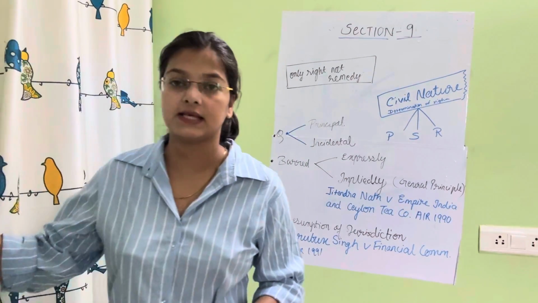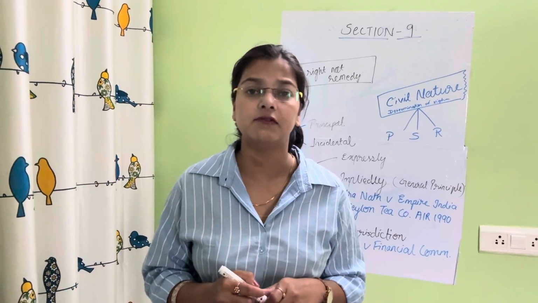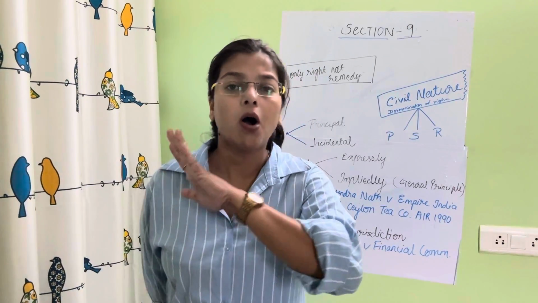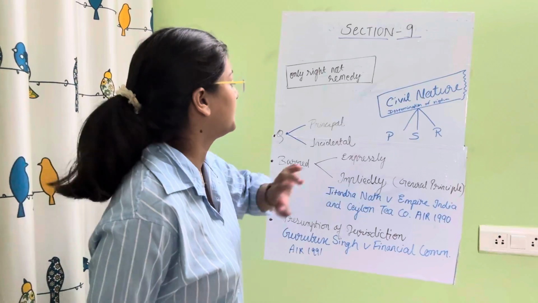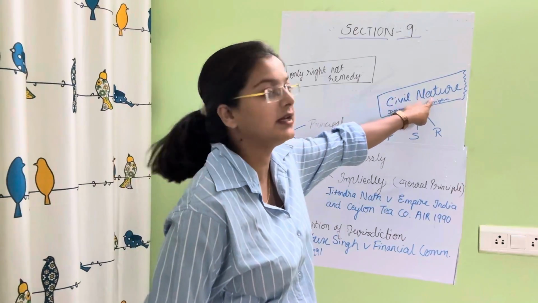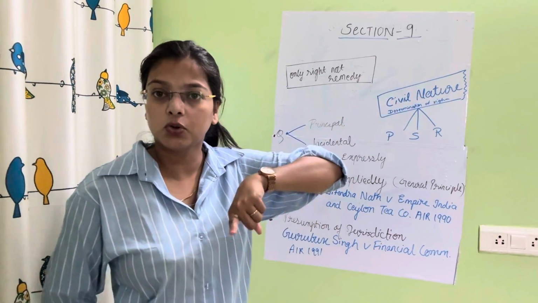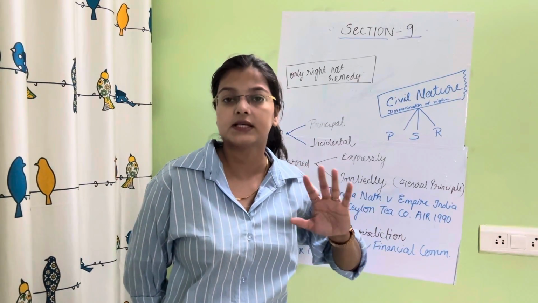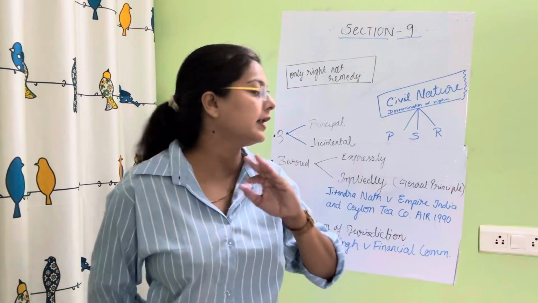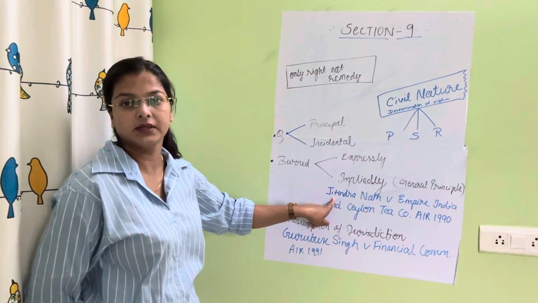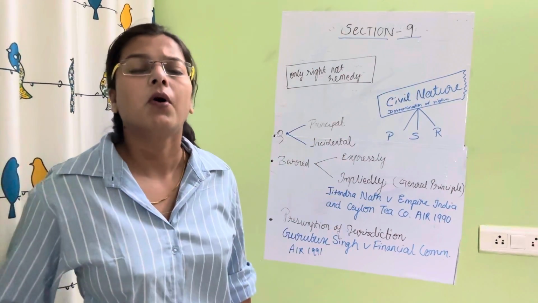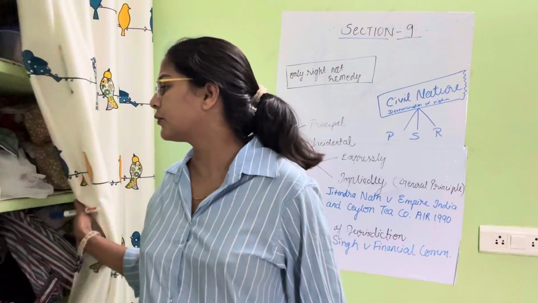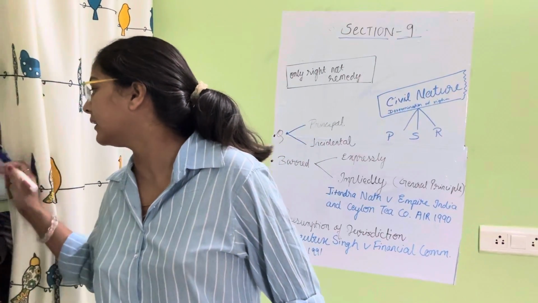That is, it is saying that the court shall have jurisdiction of all suits of civil nature, except those suits for which their cognizance is expressly or impliedly barred. These two things. Now, what is this provision? Let's interpret it.